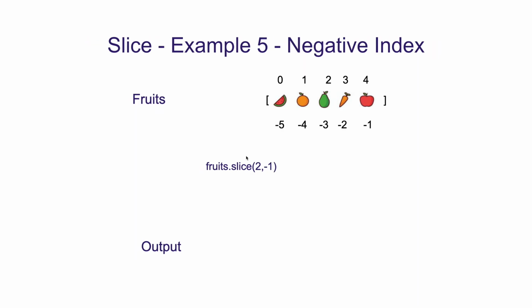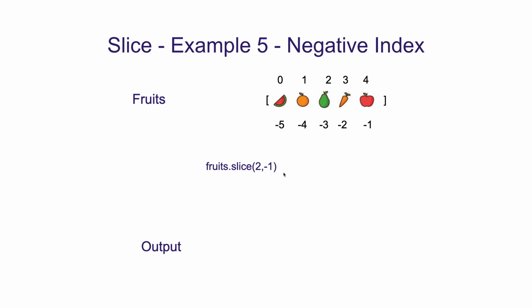In example 5, we are going to use slice with a negative index. What does negative index mean? Similar to the positive indexes, from 0 to the end, we have negative indexes that start from the last position. So here -1 means the last element, -2 means the second last element, -3 means the third last element, and so on.